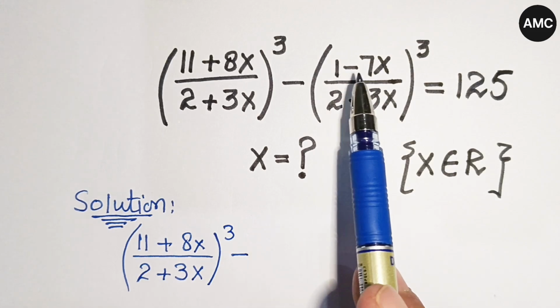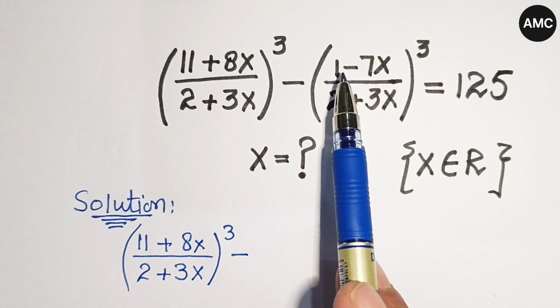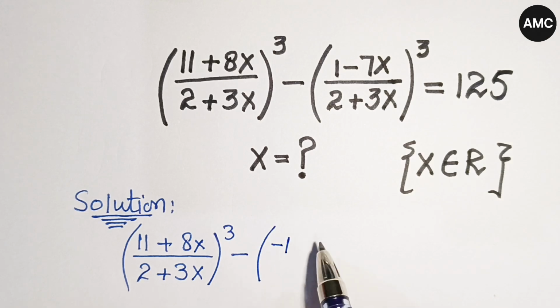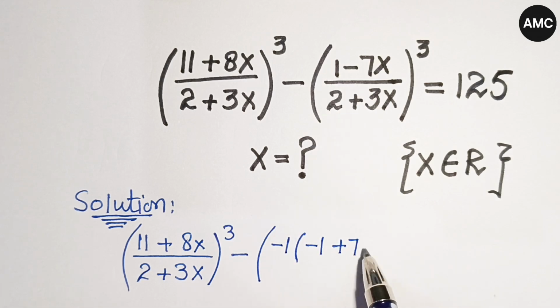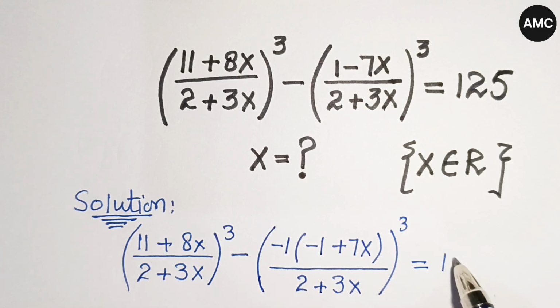First of all, taking −1 common in the numerator, we get (−1 + 7x) all over (2 + 3x), the whole cubed, and that is equal to 125.